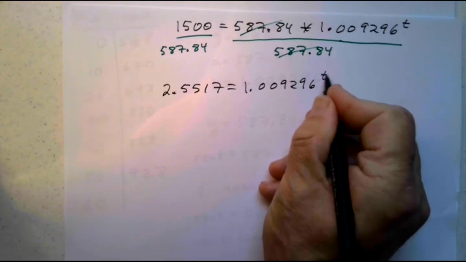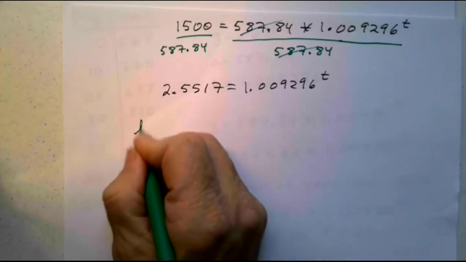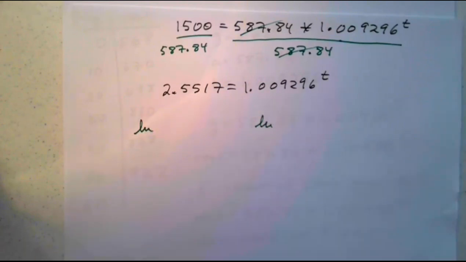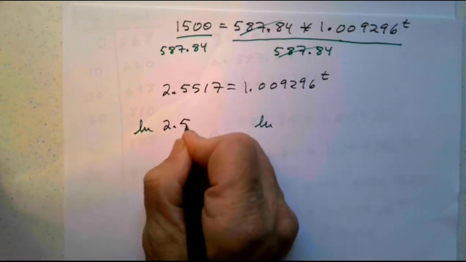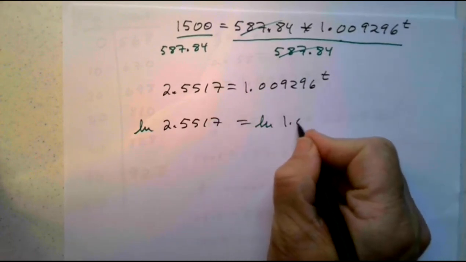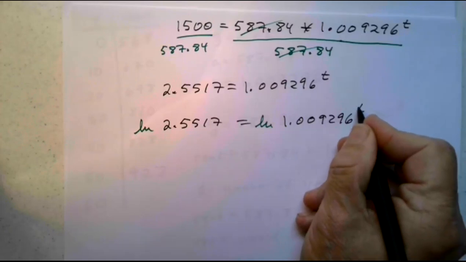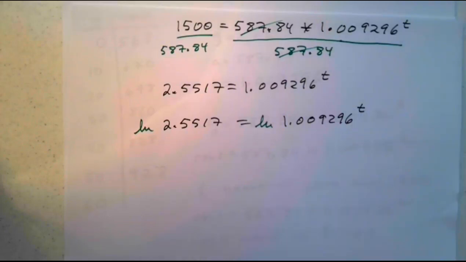1.009296 to the t. So to solve for t, to solve an exponential equation, we're going to apply the natural log to both sides. Natural log to the left, natural log to the right. Natural log 2.5517 equals natural log 1.009296 to the t. Then what happens?